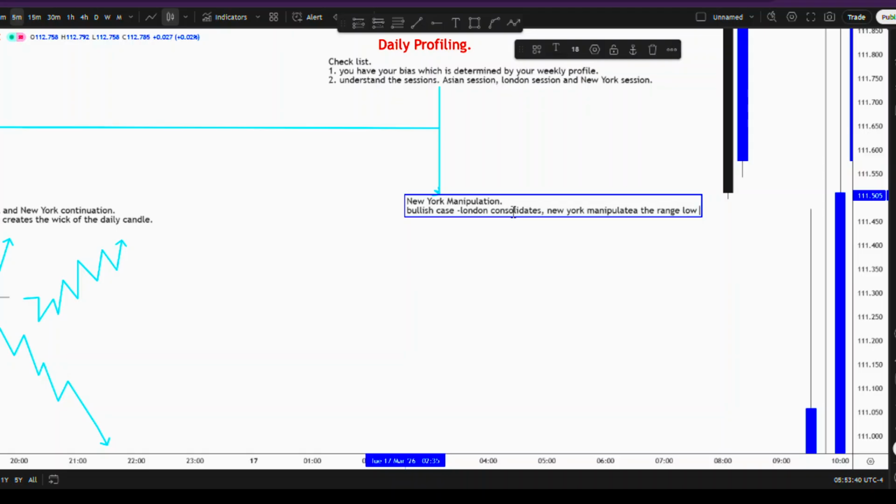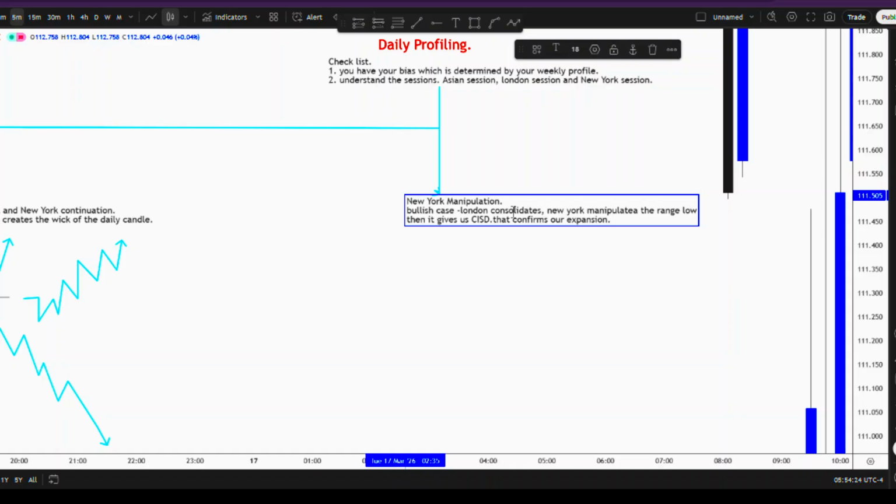And then it gives us a change in state of delivery that confirms our expansion.